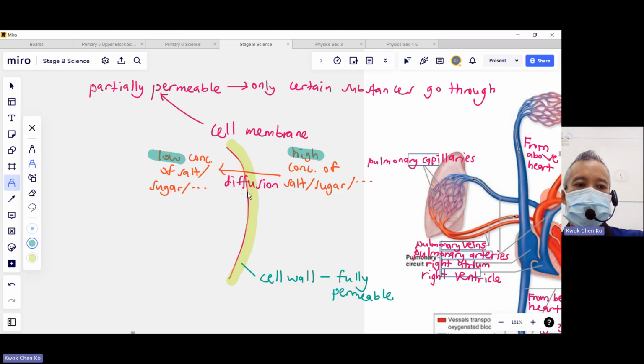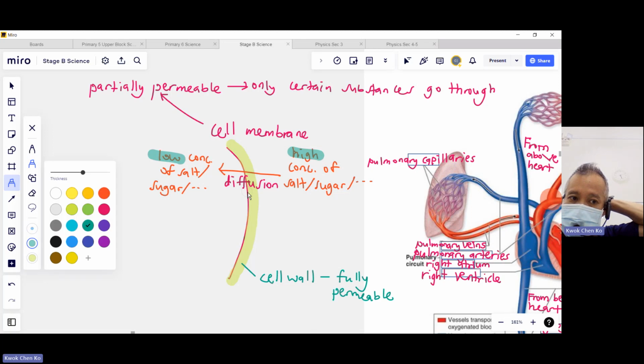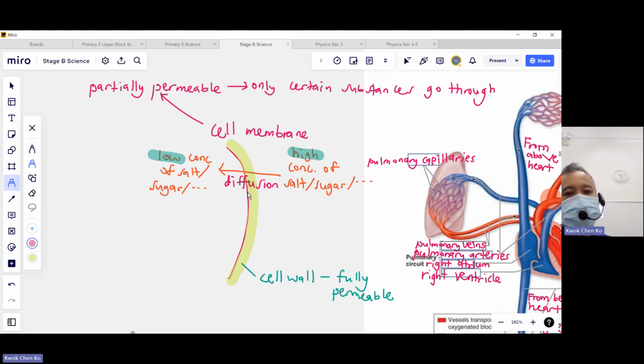Now, on the other hand, let's say I have, in this case, a high concentration of salt and sugar outside the cell. It means what? More salt and sugar means less water. So the word they want to use is low water potential.